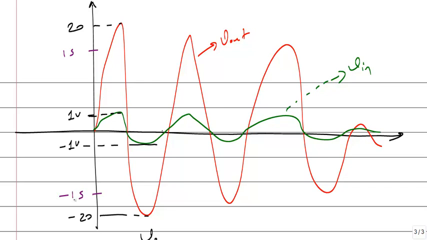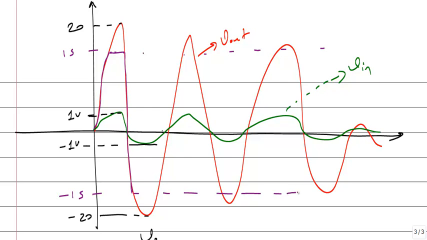15, minus 15. The output voltage will be okay if it's between minus 15 and plus 15. But over that voltage, it will be saturated. What does it mean? It means this will be the output voltage. It cannot exceed 15 volts. If the output voltage should be higher than 15 volts, the output will be 15.